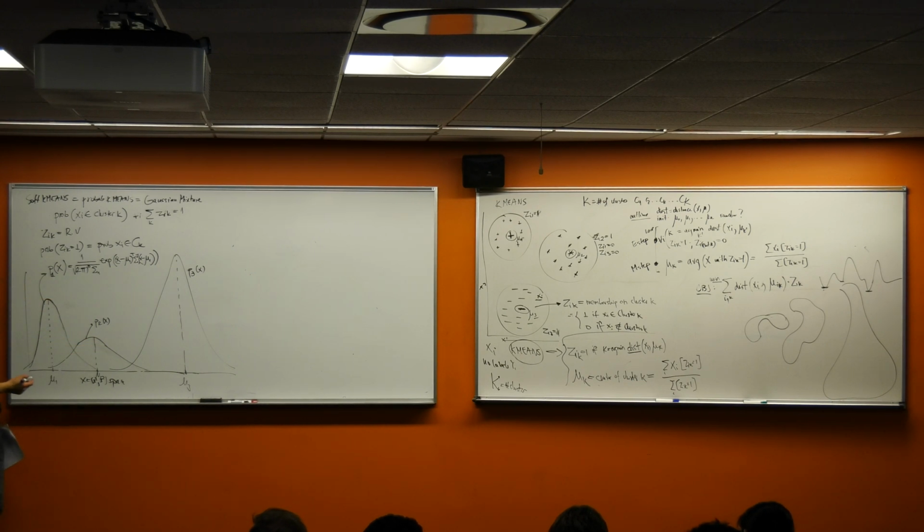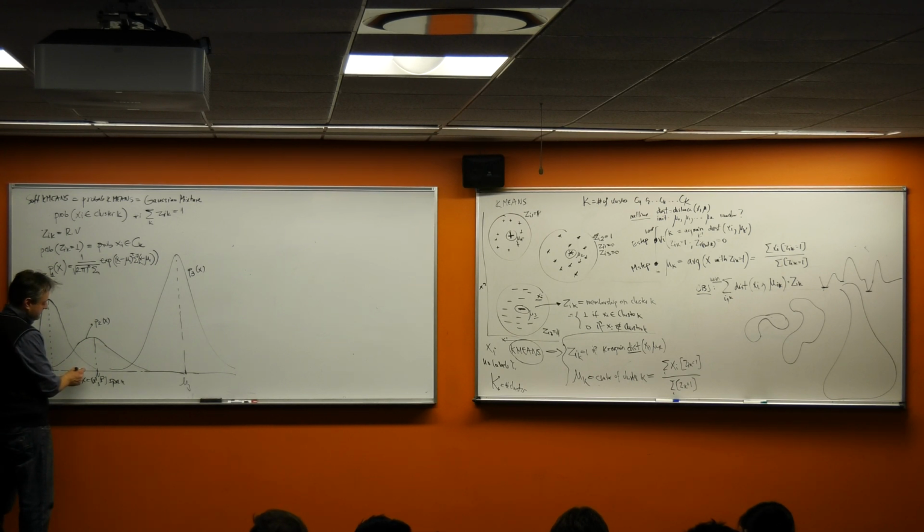So now I have a data point, say it's in here, right? This data point has a certain probability. This is the probability that this point is coming from the first Gaussian. And there is another probability that it's coming from the second Gaussian.